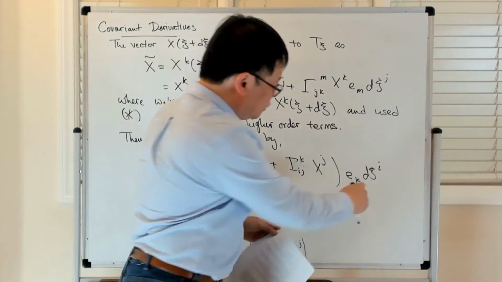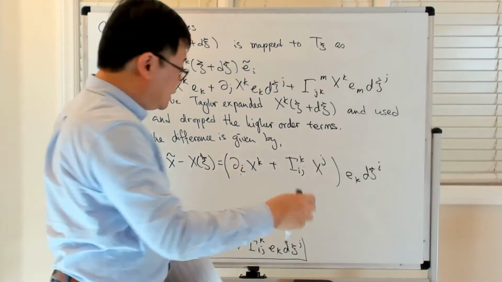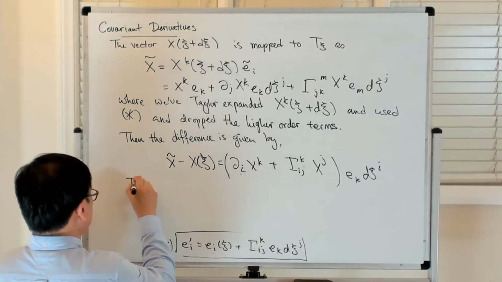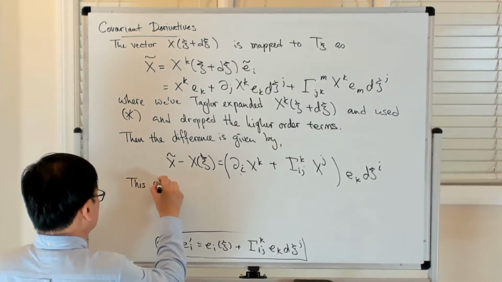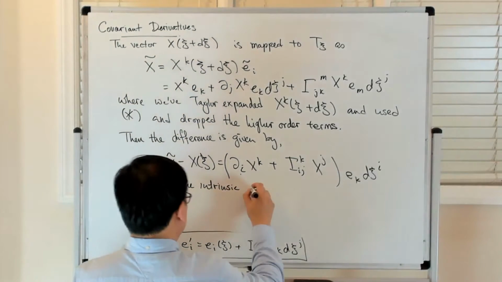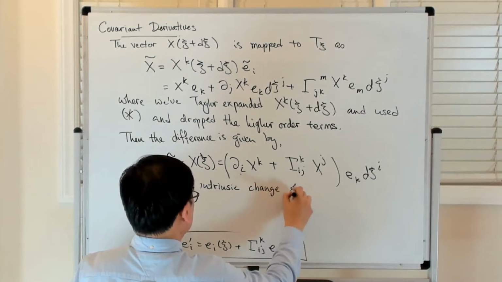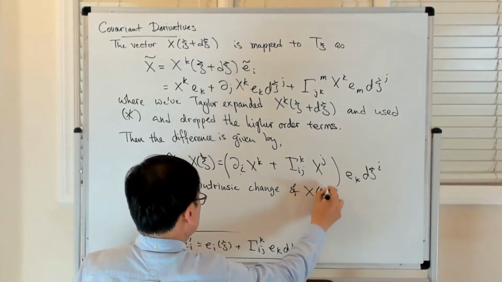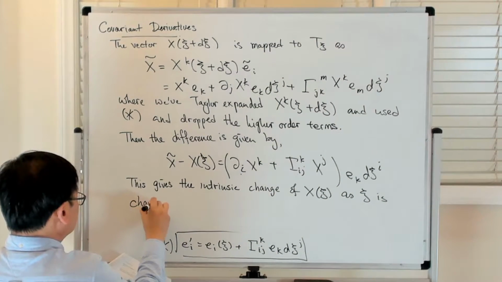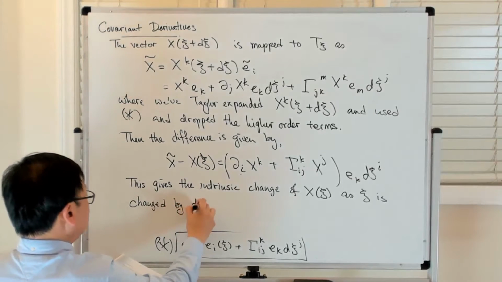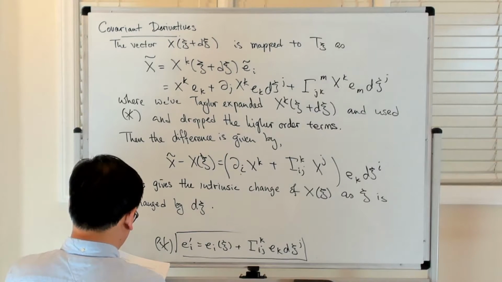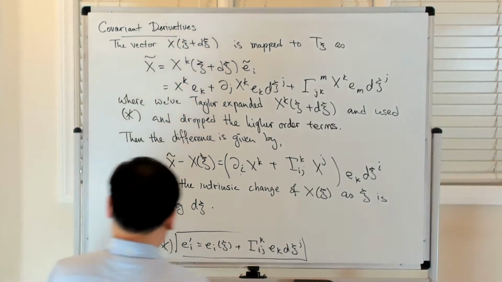It's telling you how it changes as you vary the position by dc^i. So this gives the intrinsic change of x at c as c is changed by this perturbation dc.